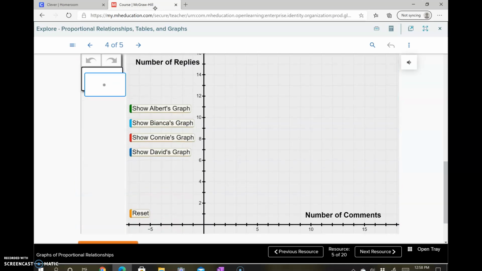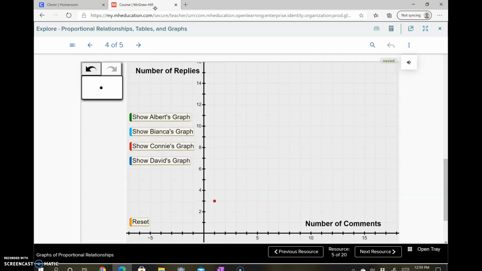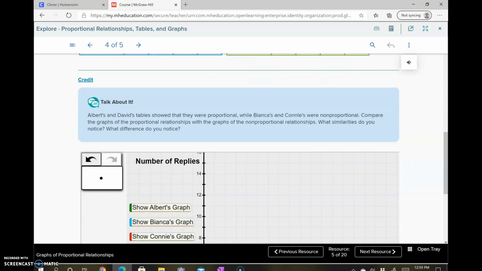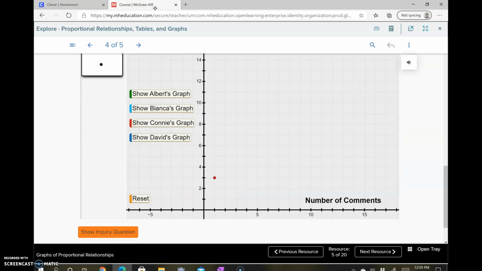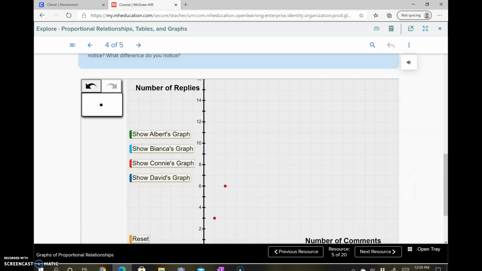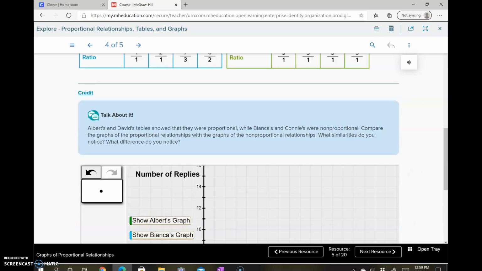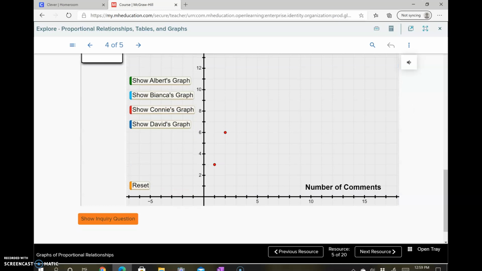So we're going to click our point. We're going to go 1 comment over, then go up 1, 2, 3, and put the point there. David's next was 2 comments and 6 replies. So we hit our point, 1, 2, and then go up 1, 2, 3, 4, 5, 6. And then David had 3 comments and 9 replies.